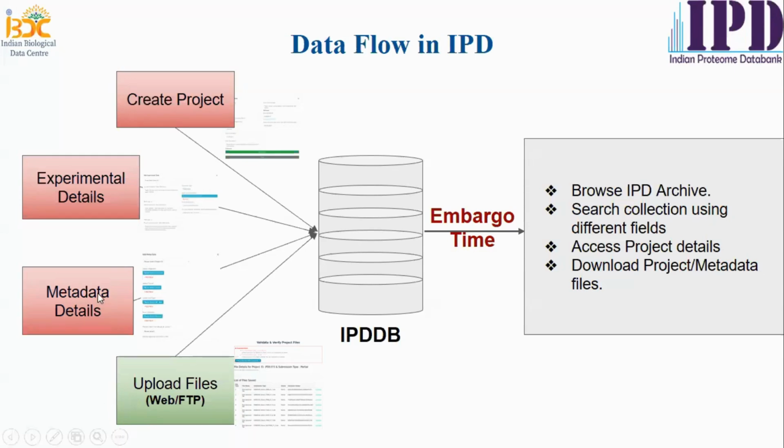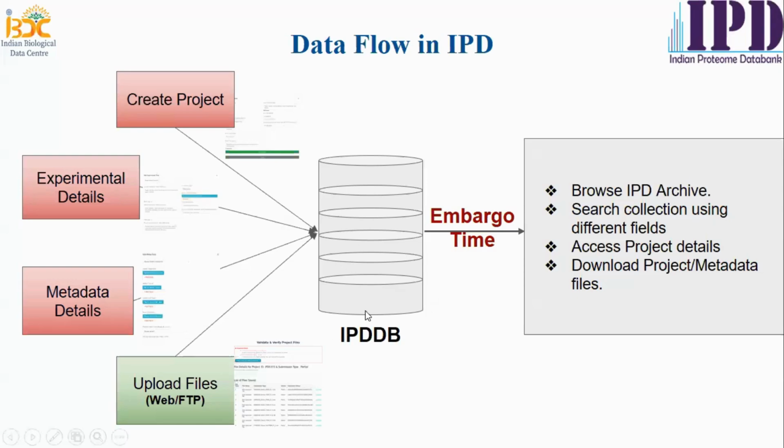Then background metadata information like the experimental type, associated disease information, fluid information, and organism information. After filling in the metadata, move to the upload files step so that the user can upload all the data related to the project, and then finally submit the data.